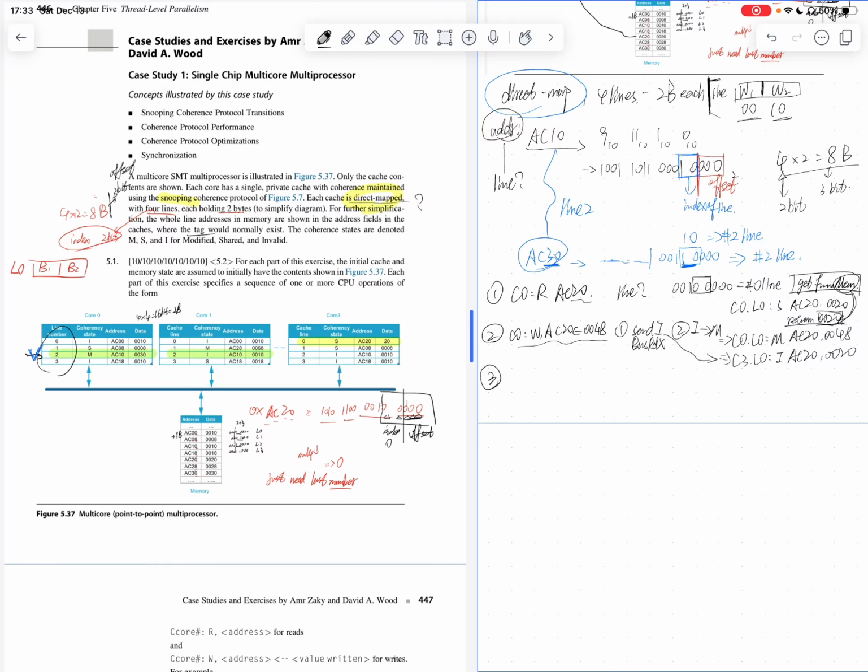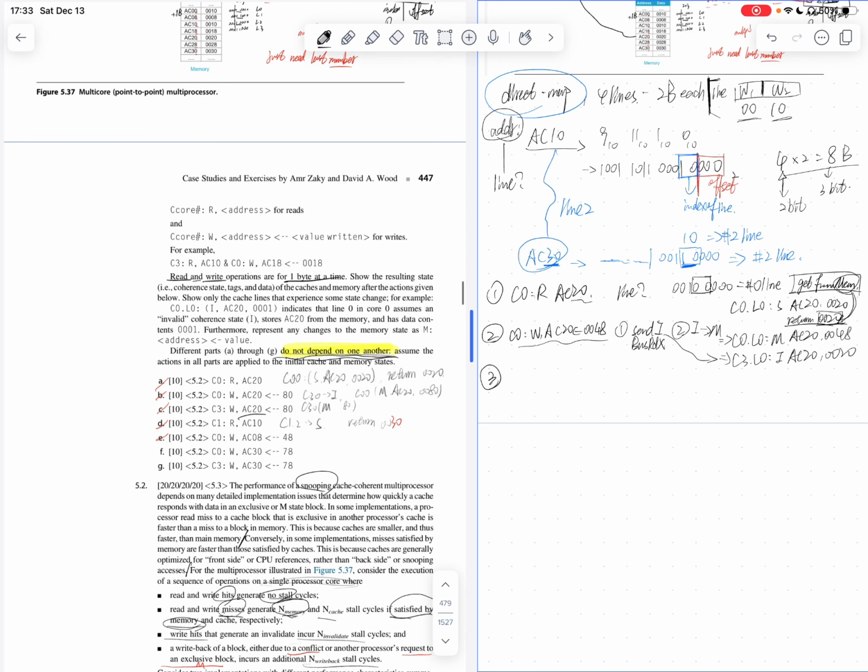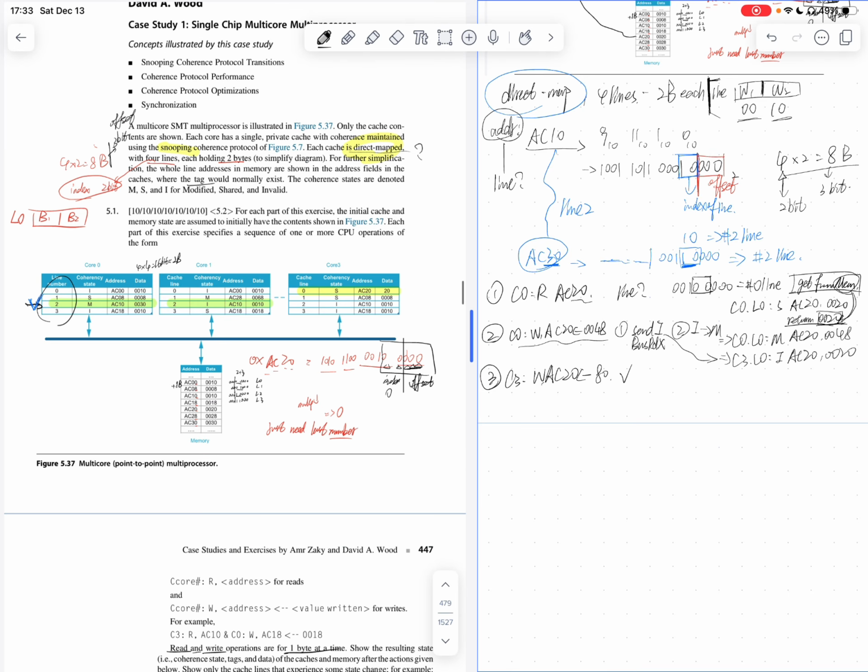Okay. So let's go for part 3. That is C3. We want to write AC20 with a number of 80. So do we have it? Yes, we have it, right? So it's a write hit. So I will also send invalid, and also I will change our state into modify.